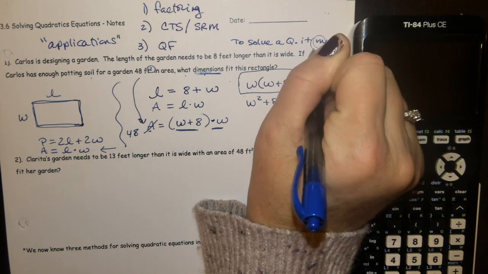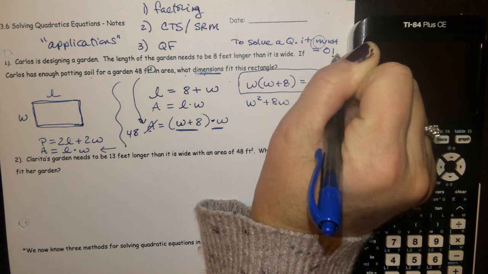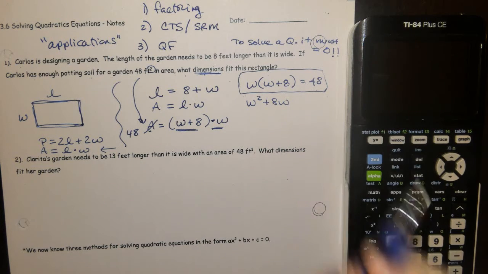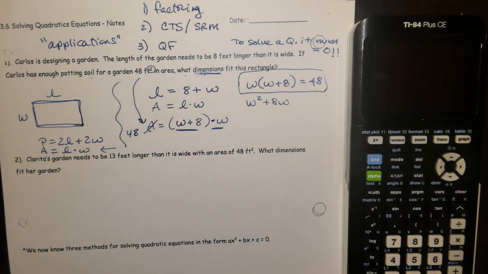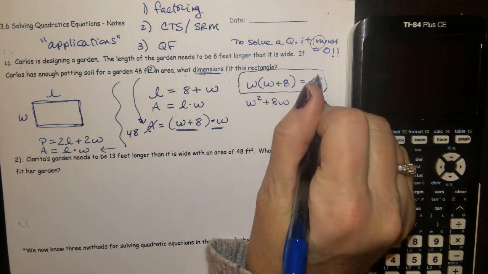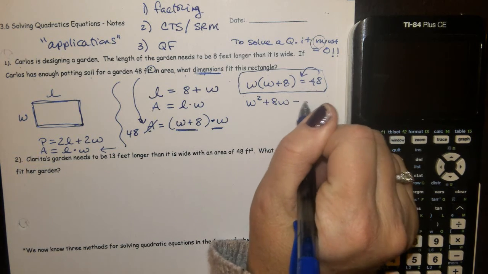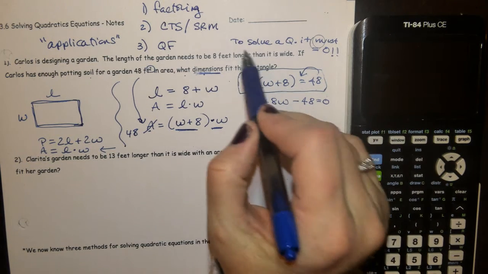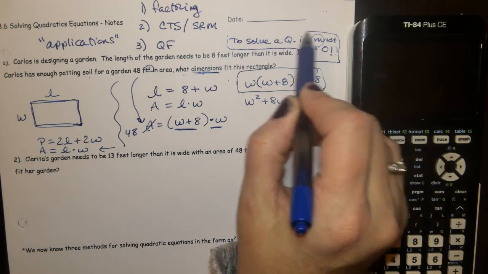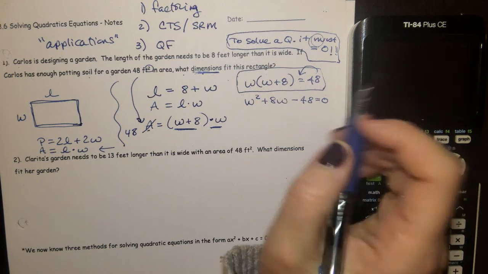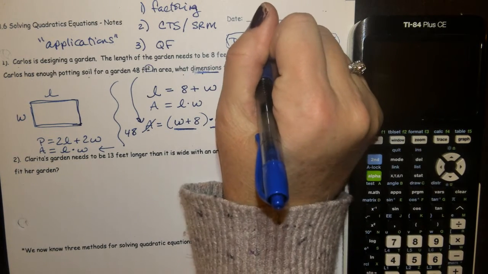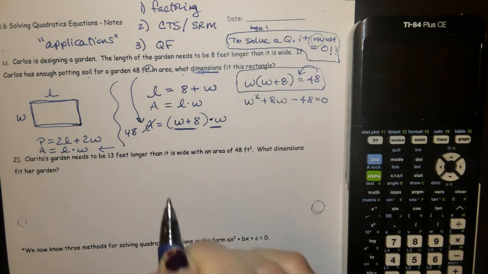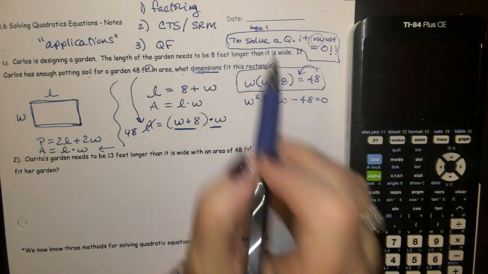I don't know if that was emphasized as much last section. So I'm going to kick this over the fence, subtract 48, and set it equal to 0. So to solve a quadratic, it must equal 0. Huge. Let's write it super big. Haha, that's a joke because it's really tiny.